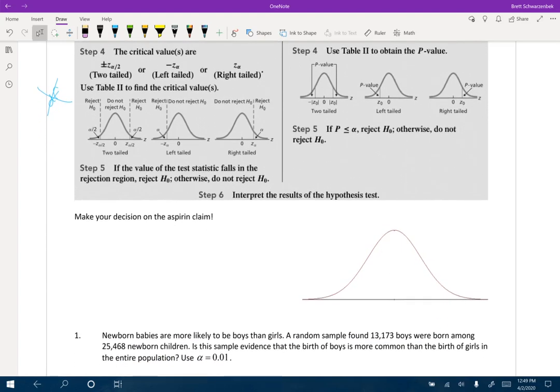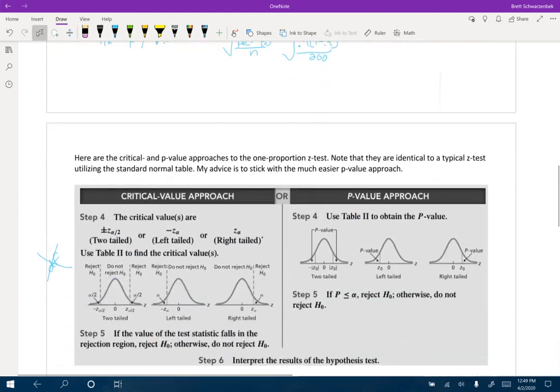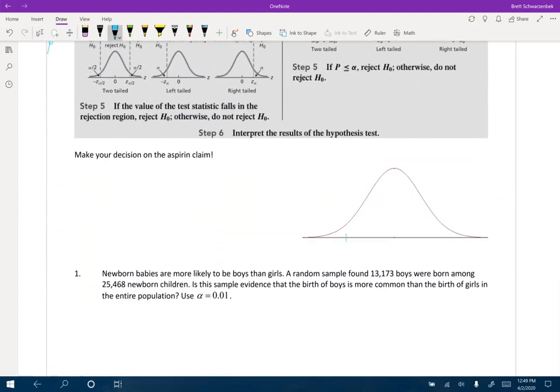Well, if you recall, our z is negative 3.77, so we're going to plot it on our graph. This is a two-tailed test. So we have this area, and we have the mirror area over here to deal with, which is technically 3.77. So we need to find this area. So what do we do? Well, there's two things we could do.